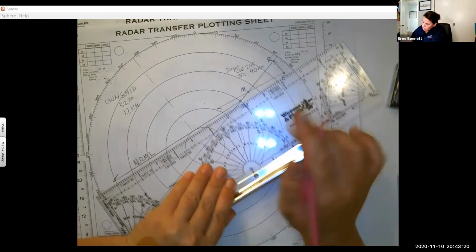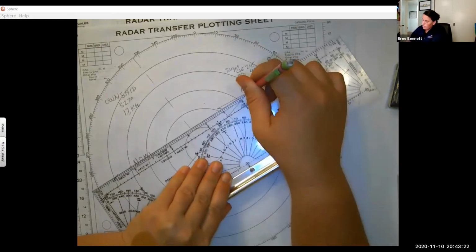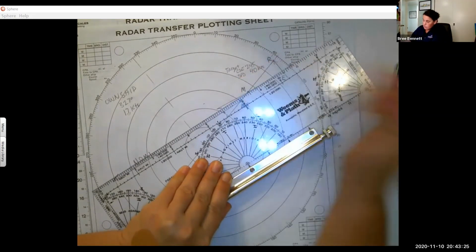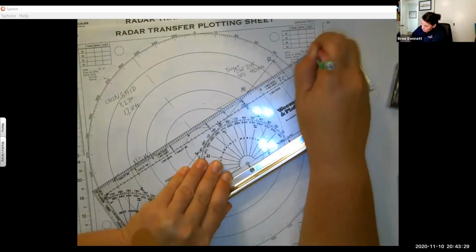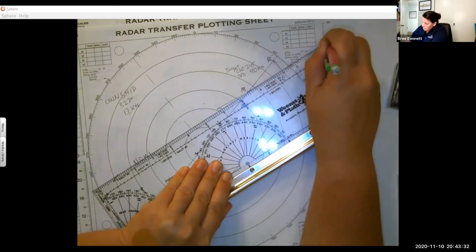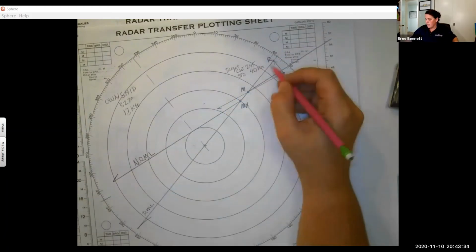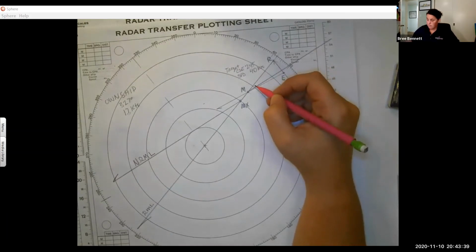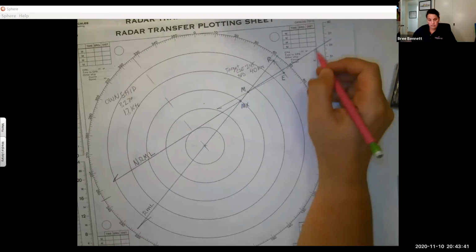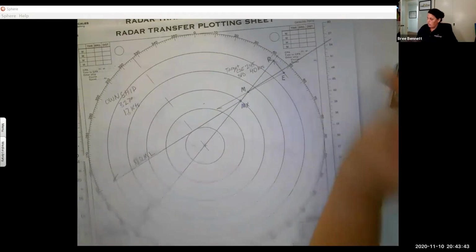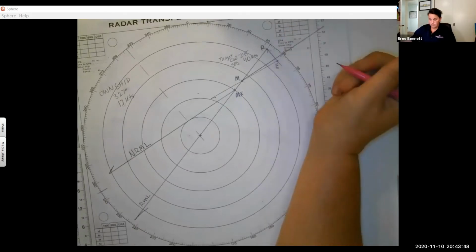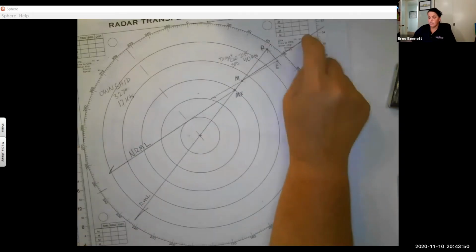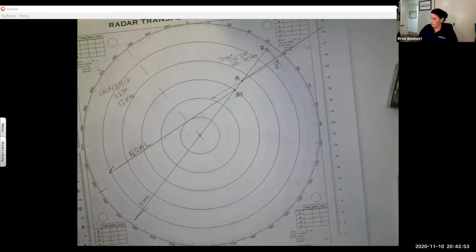Okay, so here's my new relative motion line, and I'm going to go from the M of my triangle and draw in my new relative motion line. So this was my old relative motion line, and this is going to be my new relative motion line. So from E to, if I was to change course, I like to do both anyways.